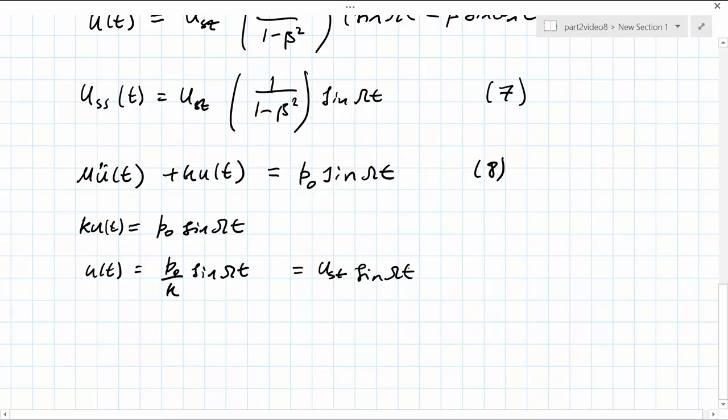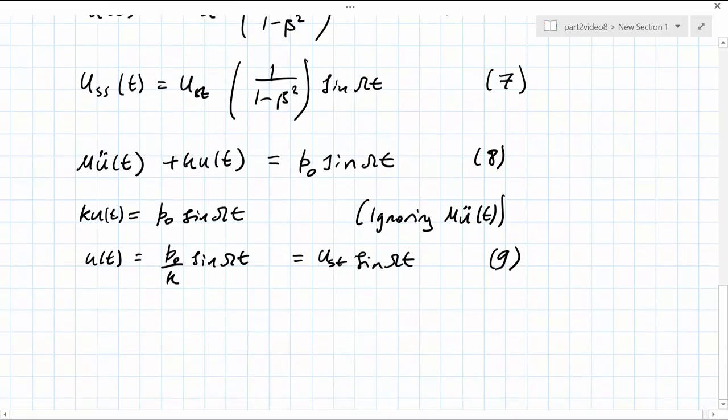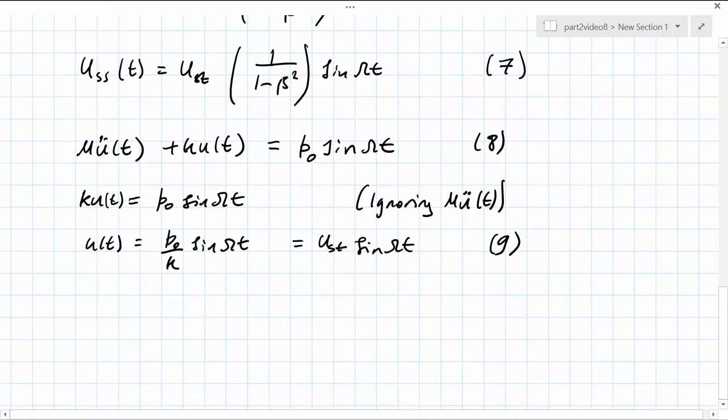We're ignoring acceleration in this case because we're only considering the static component of the equation of motion. We can then see that the maximum value of this deformation is just the amplitude u static.